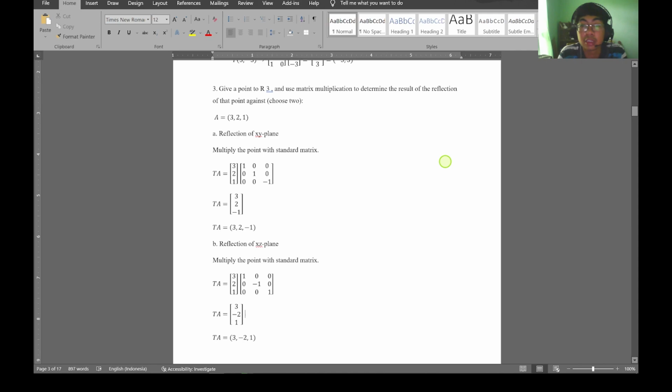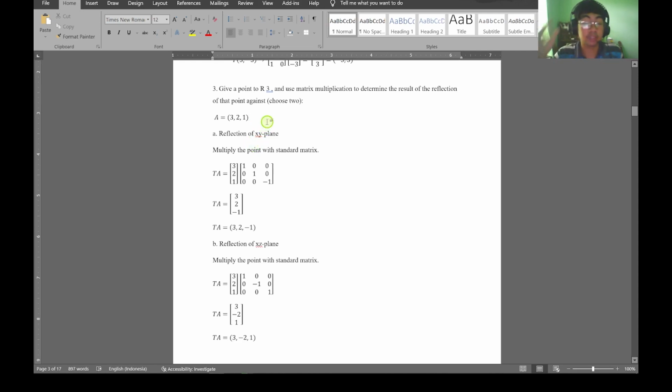Okay, next is number 3: give a point in R3 and use matrix multiplication to determine the reflection of that point. We only need to choose 2. So the point A has values 3, 2 and 1, and first we need the reflection on the xy plane.